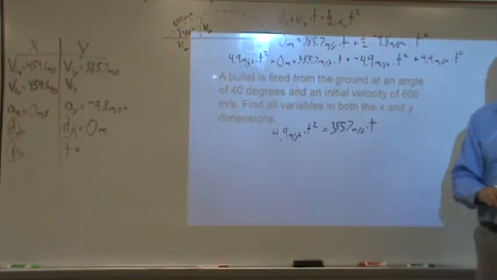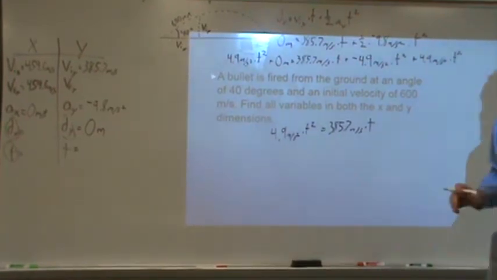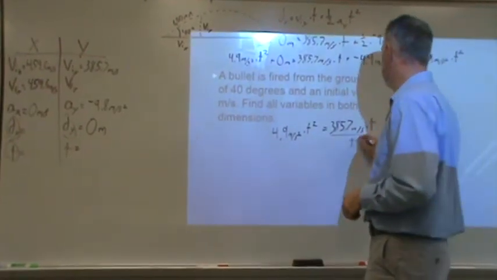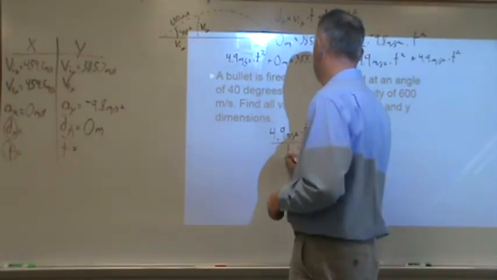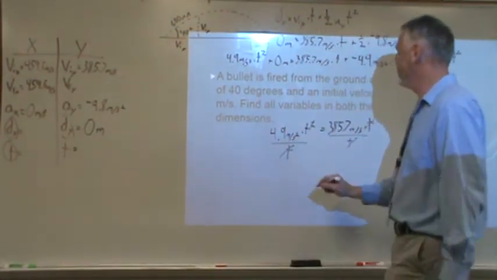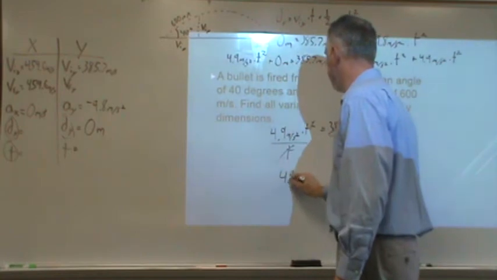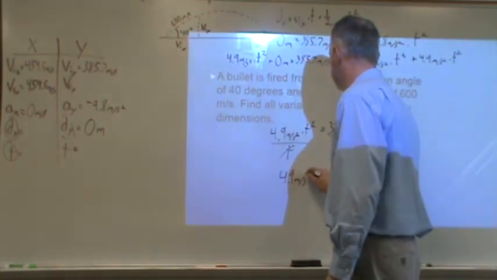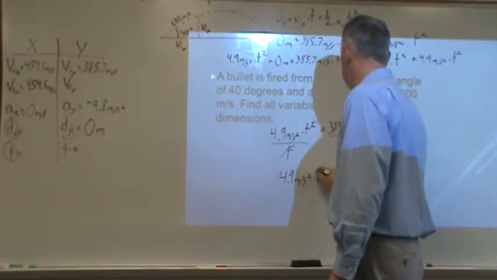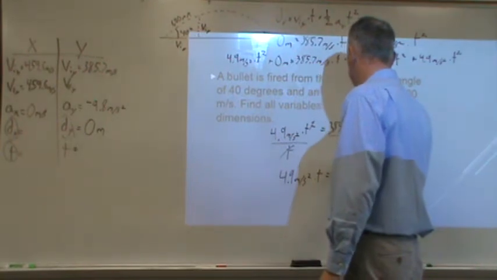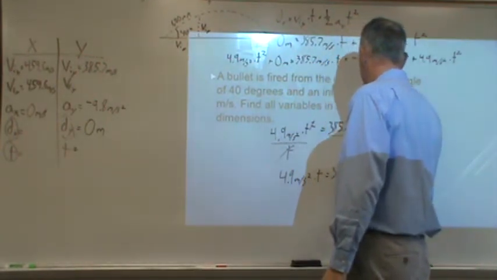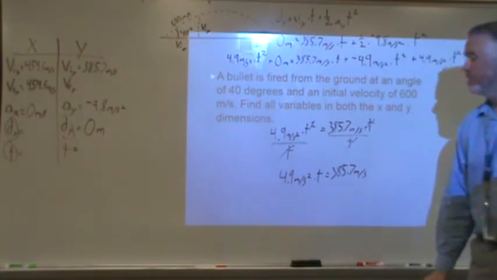Now what? Divide each side by what? T. Gets rid of t over here, gets rid of one of the t's over here. Leaves me with 4.9 meters per second squared times t equals 385.7 meters per second. Now what?